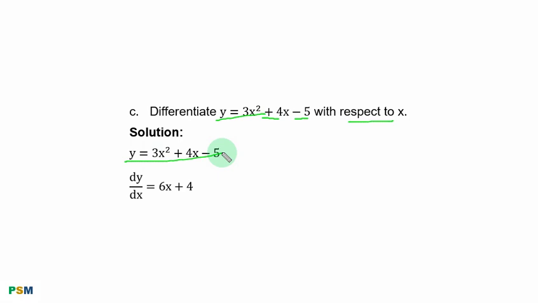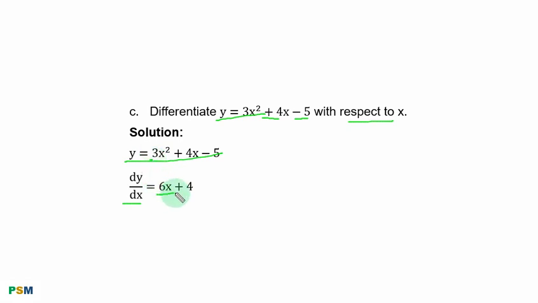So the change in y with respect to s is dy/ds. By power rule, the power is used to multiply the coefficients. That is 2 times 3, 6. You subtract 1 from the power, you have s.